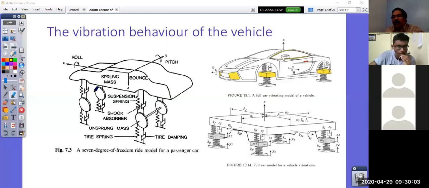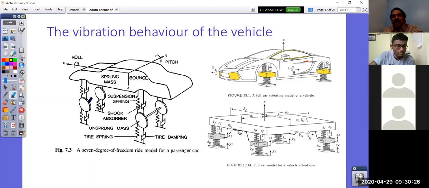Yes, Pranav. So that 7 DOF you are saying, can you tell me where the degrees of freedom are in the front axle? Yeah, look at this, you have this front tire wheel assembly. So unsprung mass is essentially the tire wheel assembly and the connected members.